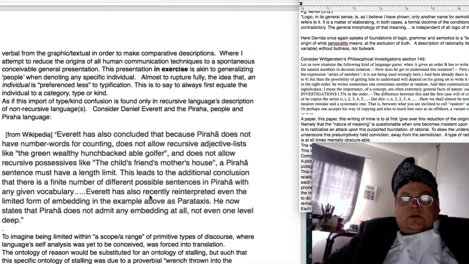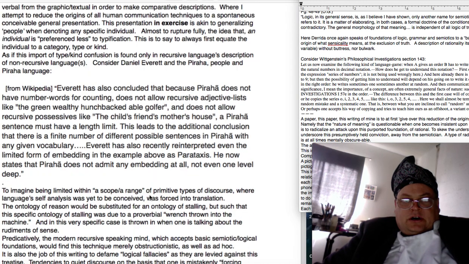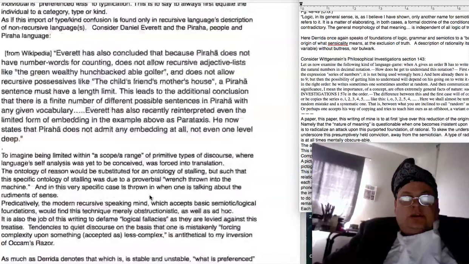This is to say, to always first equate the individual to a category, type, or kind, as if the import of type-kind confusion is found only in recursive language's description of non-recursive languages. Consider Daniel Everett and the Piraha people and Piraha language.